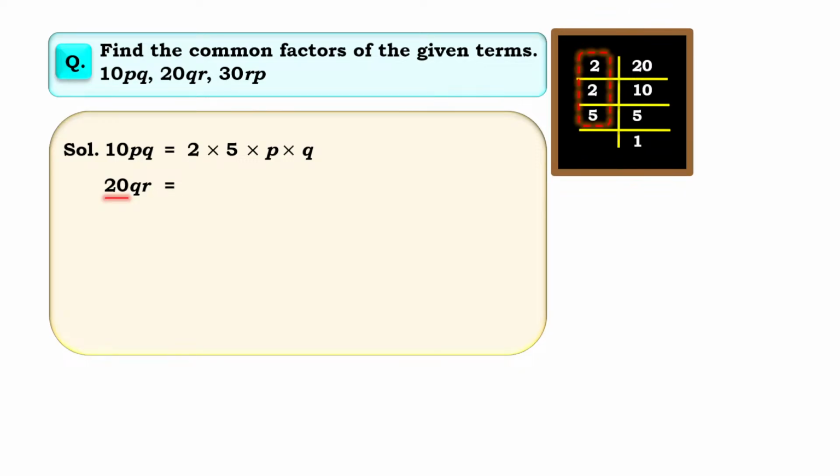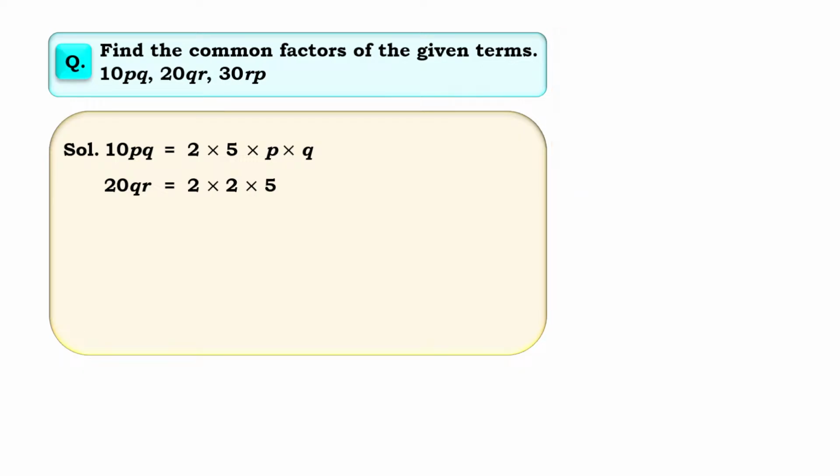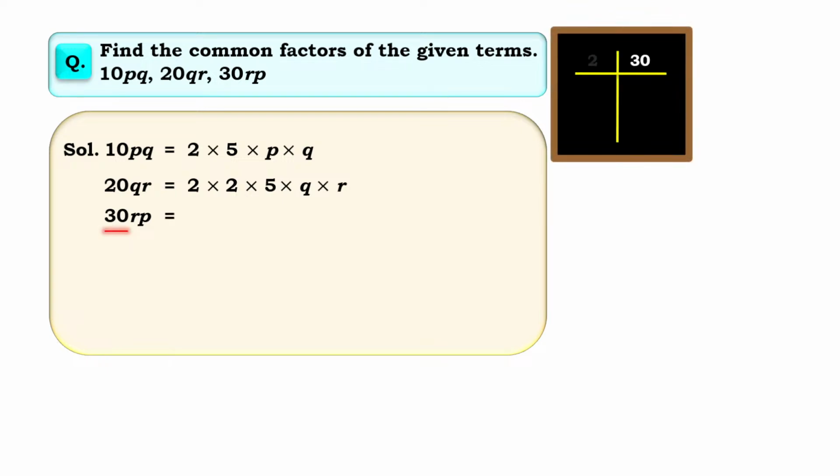So the factors for 20qr are 2 into 2 into 5 and q and r. And what about 30rq? For the factors of 30, 2 15s are 30, 2 5s are 10.